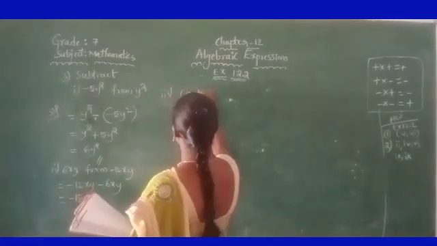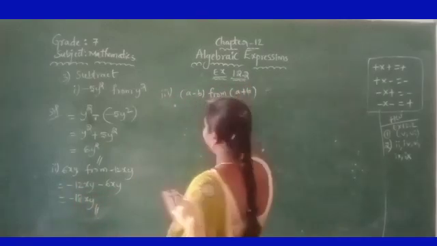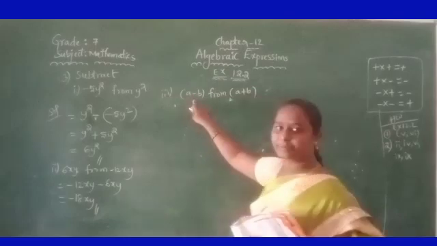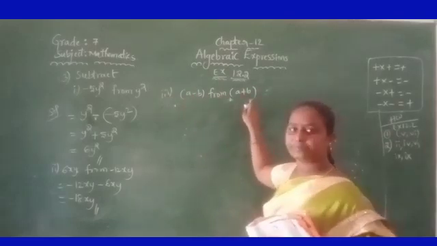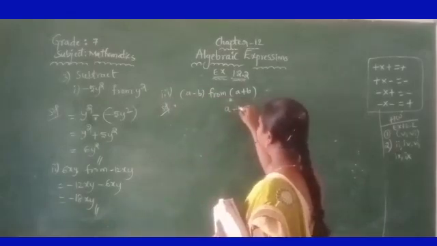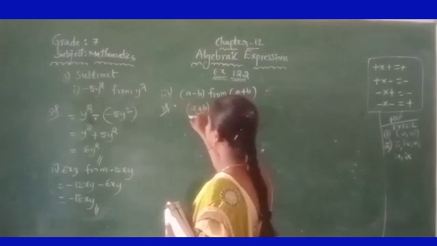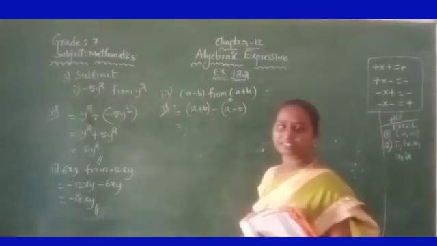Right. Third question, see. Subtract a minus b from a plus b. So which one do we have to subtract? a plus b, a plus b. Right, like this expression.